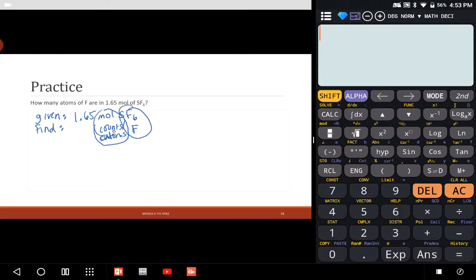We have a change in unit from moles to atoms, and so that change is going to require Avogadro's number. We also have a change in substance, and so that's going to require some kind of mole relationship or count relationship. And so all we know right now is subscripts that will tell us how many fluorines there are for every sulfur. So I need both of those as conversion factors.